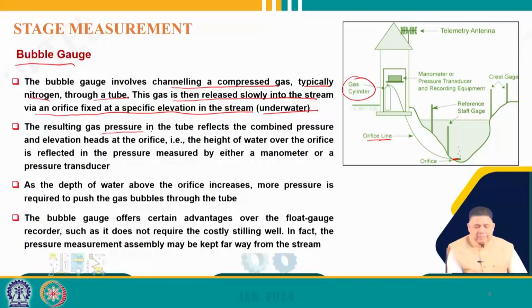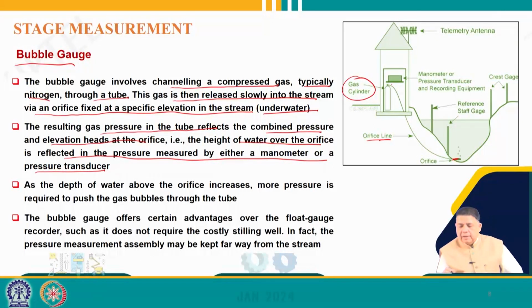The resulting gas pressure in the tube reflects the combined pressure and elevation heads at the orifice, that is, the height of water over the orifice is reflected in the pressure measured by either a manometer or a pressure transducer. So, here linked to a gas cylinder, we have a manometer or pressure transducer that records the pressure, and that pressure will include not only the pressure of the gas, but also the water level changes.